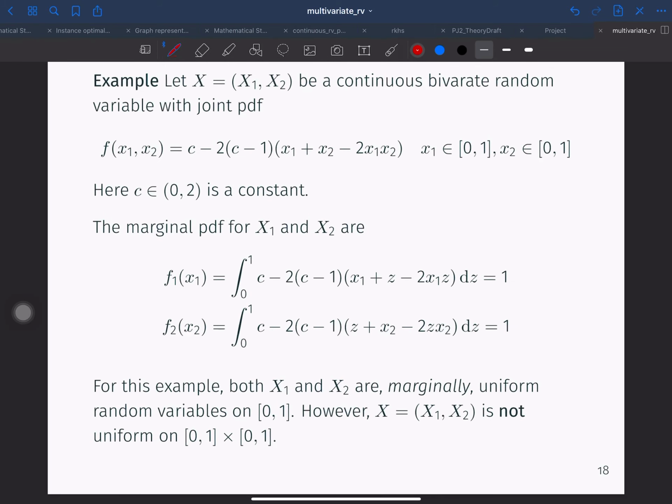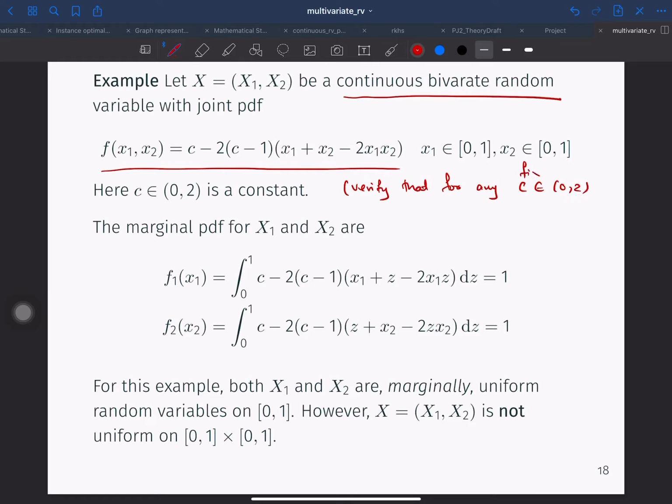Okay. And then one last example. So we now have a continuous bivariate random variable with the joint PDF of this form. And so verify that for any fixed C in 0 to 2, that this integration over x2 is equal to 1.